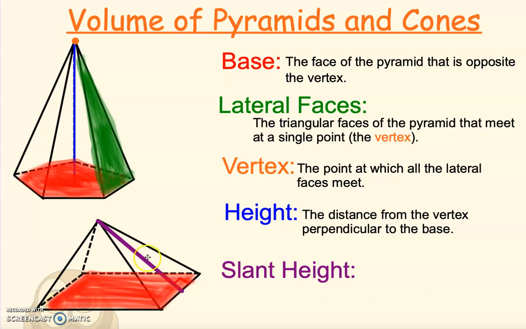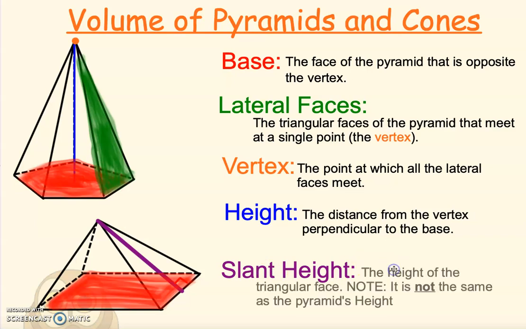Now there's a second height, and that's signified by this purple slanted line, and that's called the slant height. And the slant height represents the height of the triangular face. So if you imagine this triangle, we have a little b base, and a little h height. So the slant height is not ever the same as the pyramid's true capital H height.